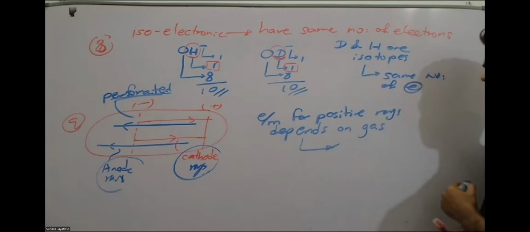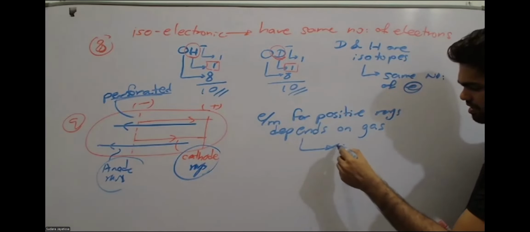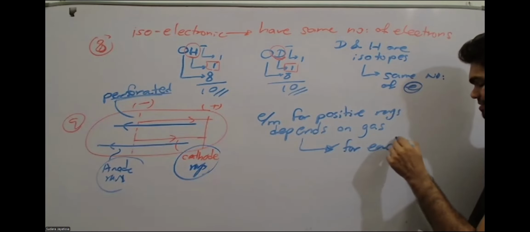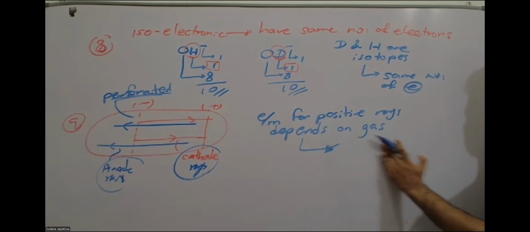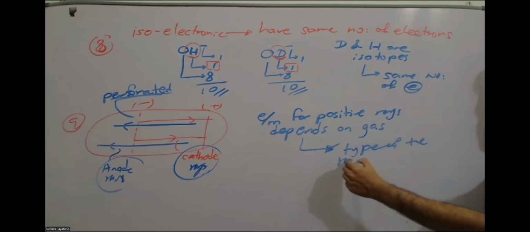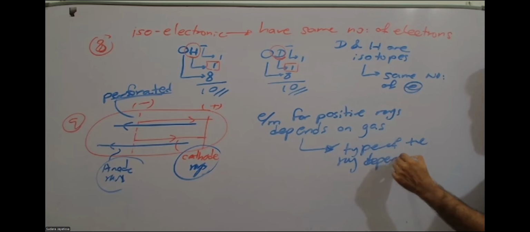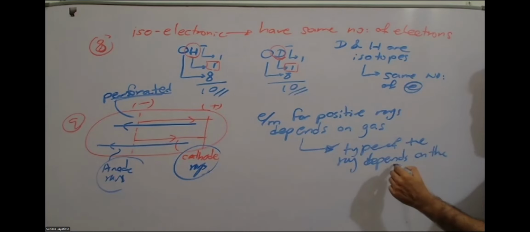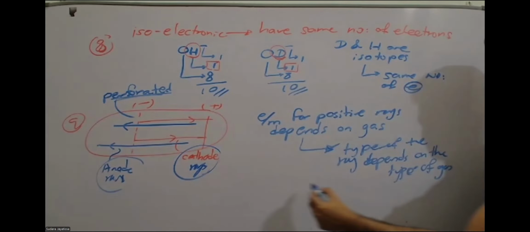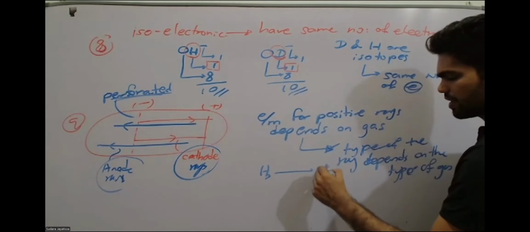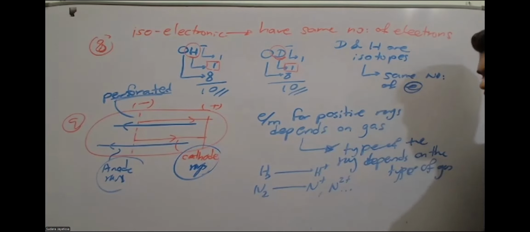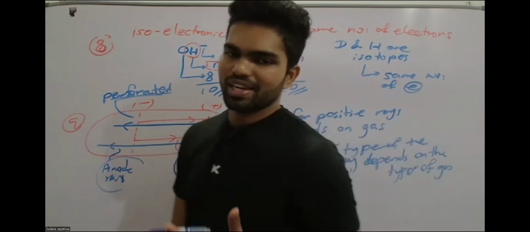Because the type of positive ray depends on the type of gas. If you have hydrogen gas, you get H plus. If you have nitrogen gas, you get N plus or N2 plus or whatever. Understood? It all depends on the type of gas we have.